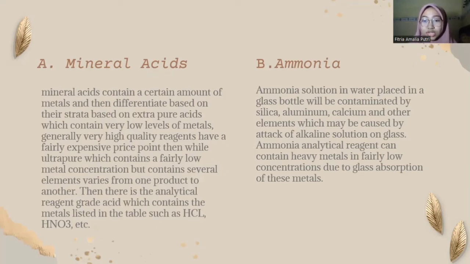Ammonia solution in water placed in a glass bottle will be contaminated by silica, aluminum, calcium, and other elements, which might be caused by attack of the alkaline solution on glass. Analytical reagent ammonia can contain heavy metals in very low concentration due to glass absorption of these metals.